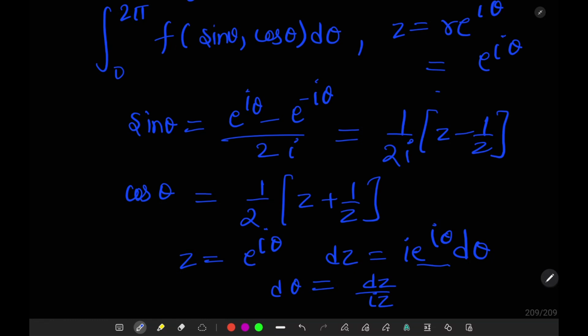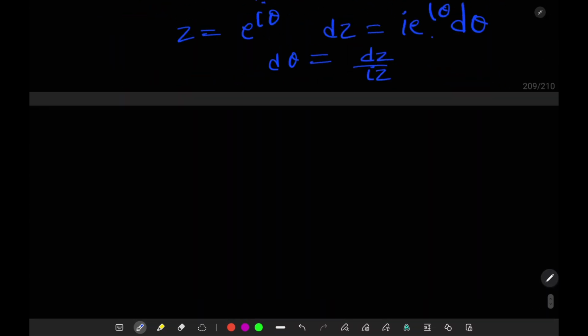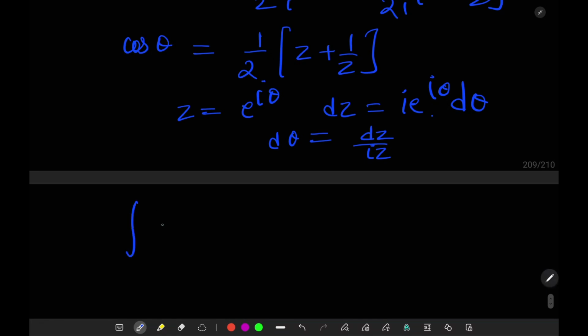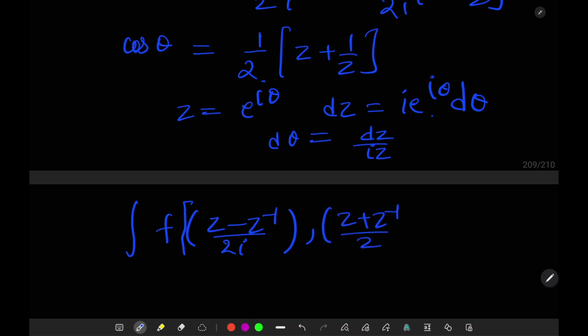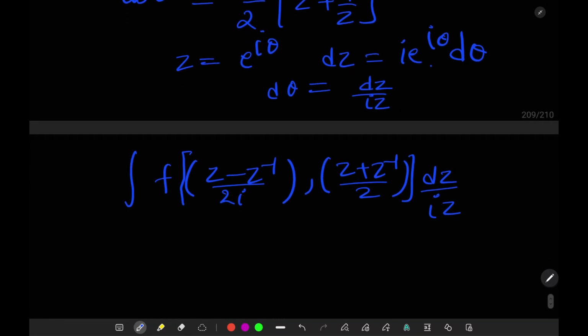Now the integral becomes (z minus z raised to power minus 1) divided by 2 iota, comma, (z plus z raised to power minus 1) divided by 2, times dz divided by iota z. Here we convert d theta into dz.